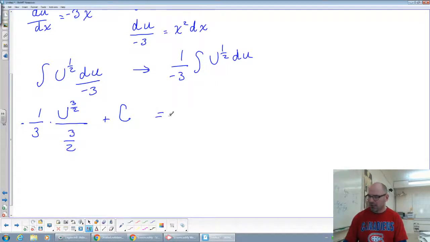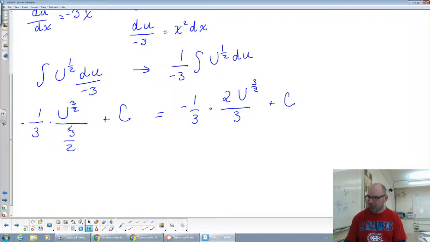So then we'll keep the negative 1/3 out front, and we'll divide, take the reciprocal and multiply when you're dividing. So this would be 2u to 3 halves over 3 plus c.